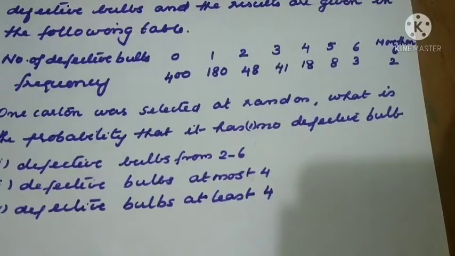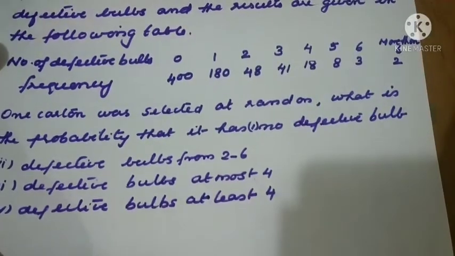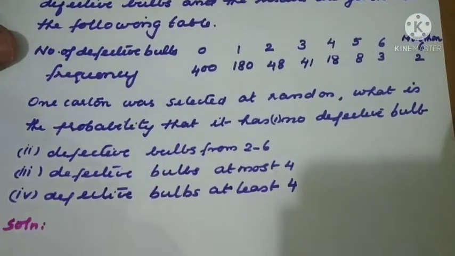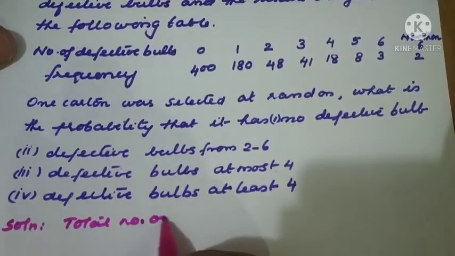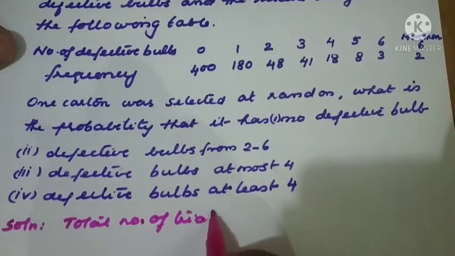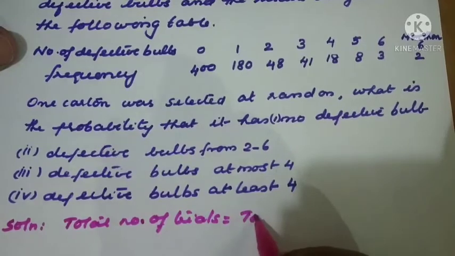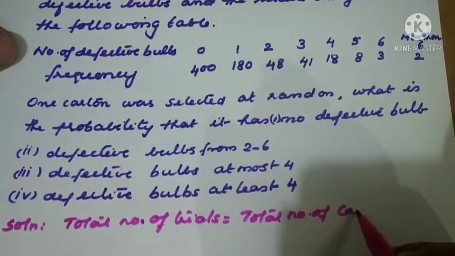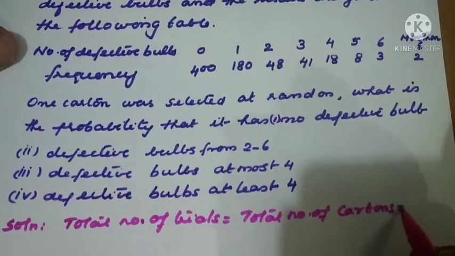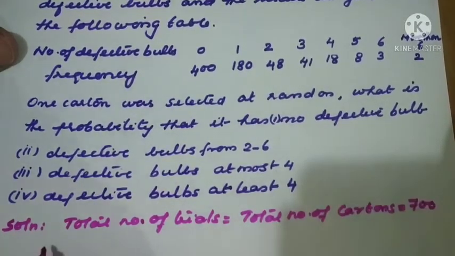Total number of trials equals total number of cartons here, that is 700.